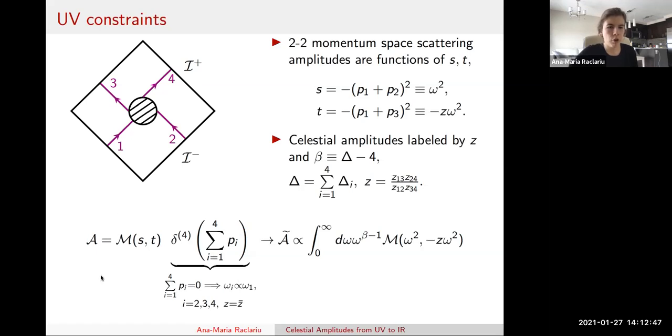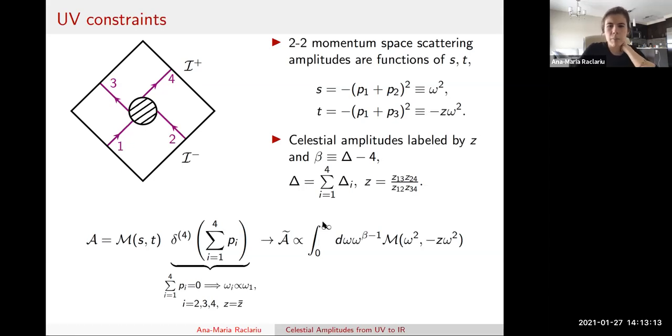Remember, we have 4 Mellin transforms here, one with respect to each of the external energies. 3 of those are going to get saturated by these 3 constraints and give rise to a prefactor which precisely ensures that the celestial amplitude is conformally covariant. We're also factoring out this delta function of z minus z bar, which is in the factor I'm dropping here.